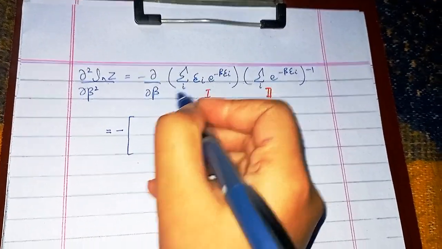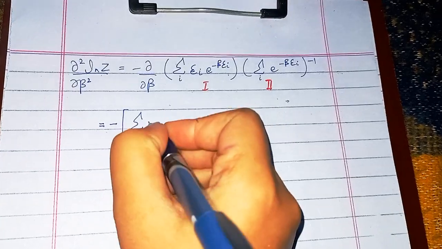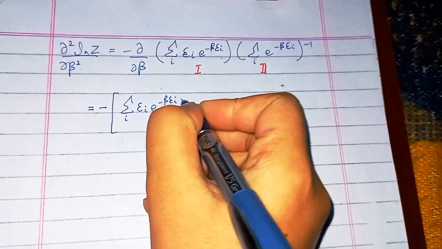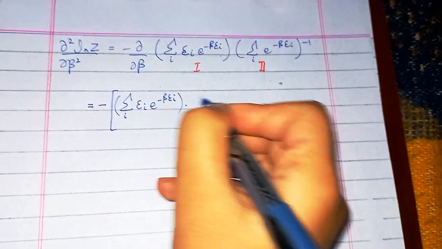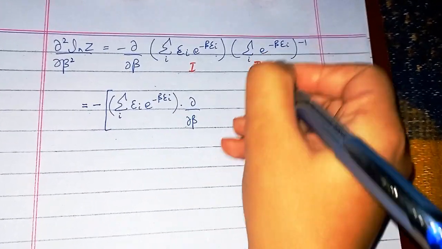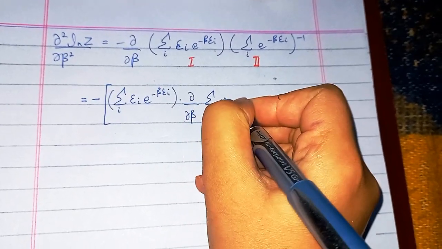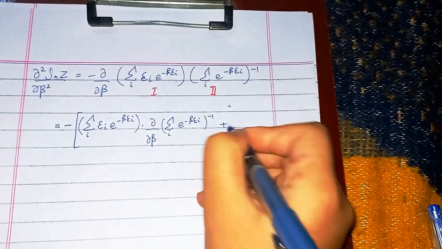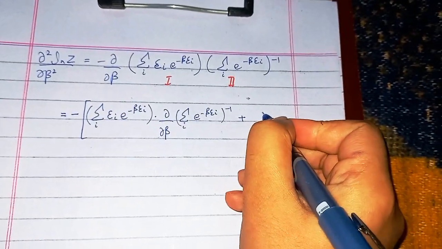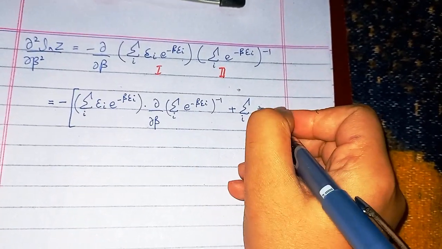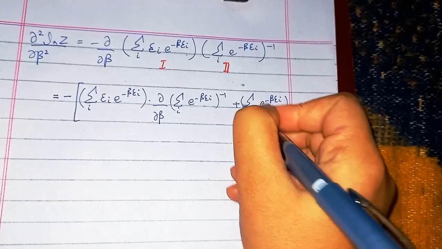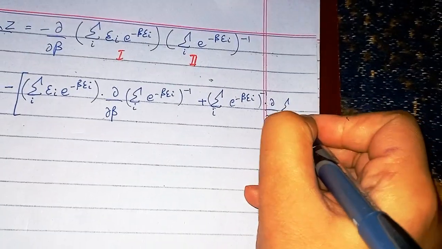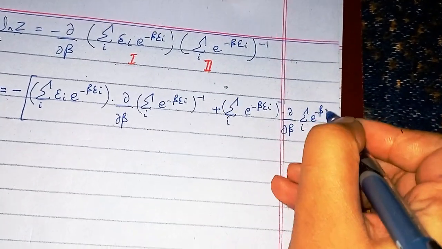We keep the first term as it is, ei e to the power minus beta ei, I'm using brackets, dot derivative of the second term, e to the power minus beta ei whole power negative 1, then plus the second term as it is, dot derivative of the first term, which is summation over i of e to the power minus beta ei.